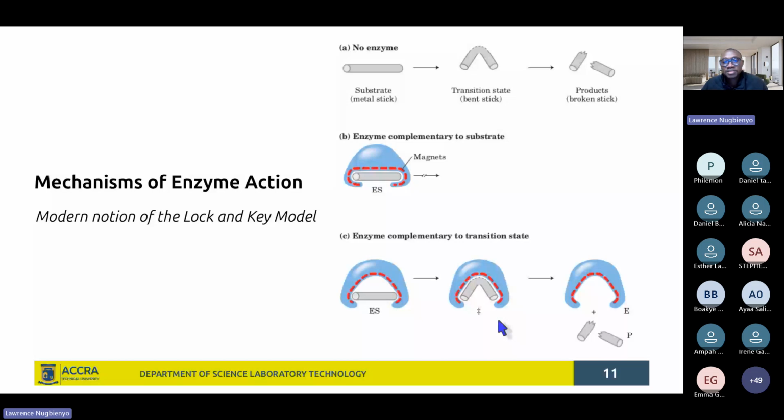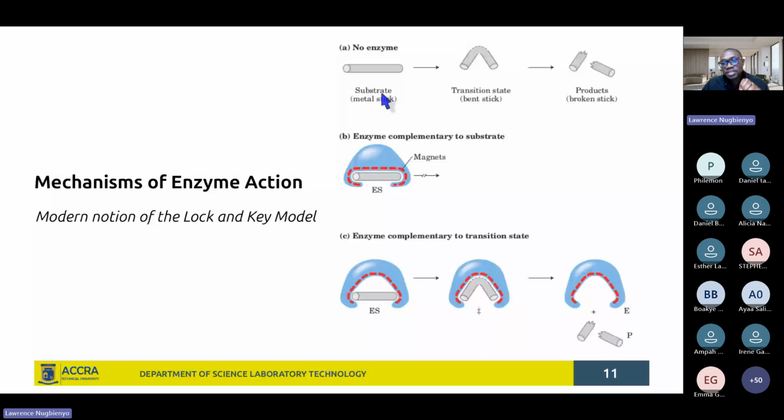If, for instance, we take what you see at the top, it is a depiction of a non-enzymatic reaction, or call it an uncatalyzed reaction, where you have a substrate that's like a metal stick, and the reaction that should be carried out on it is to break that stick into two.